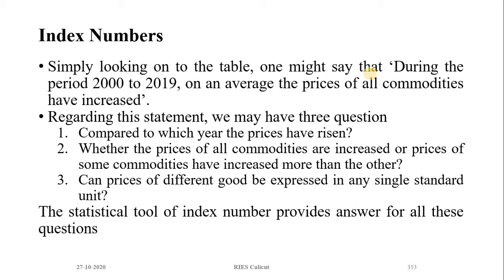And the third question was, there are different commodities, all increased in a different way, and all measured on different scales or units. So how can you say that the prices of these commodities have increased?